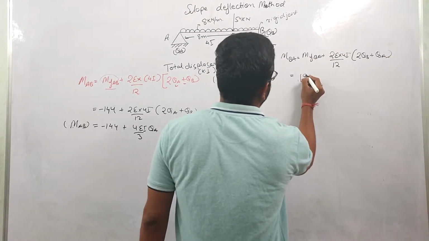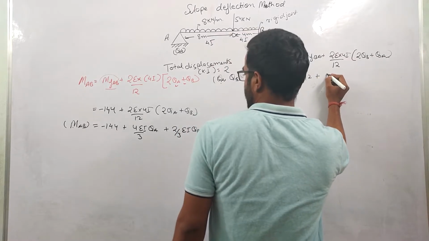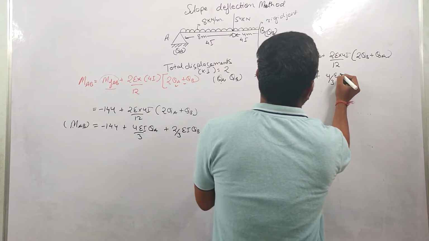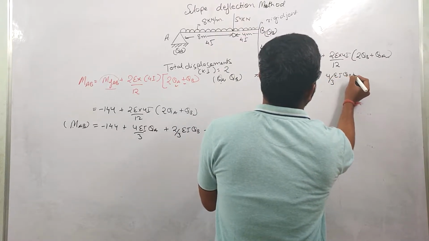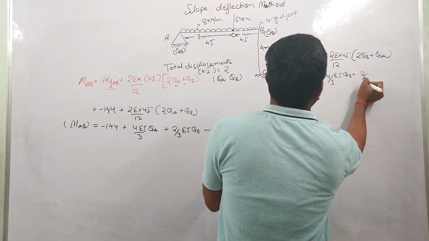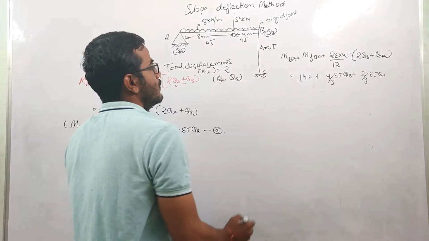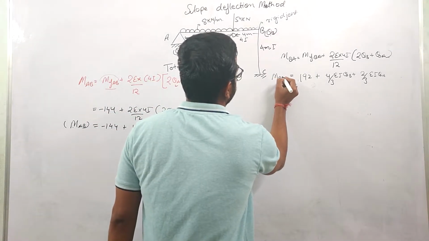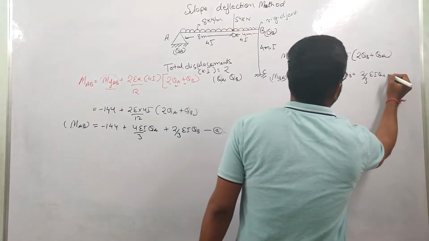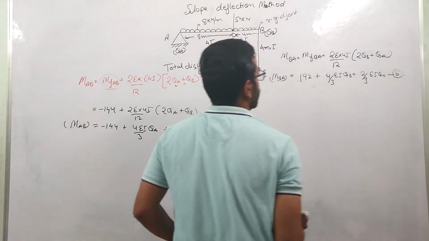We have calculated 192, plus this will be 4 by 3 EI theta B, plus 2 by 3 EI theta A. So this is the value of MBA. Let us term it as B.